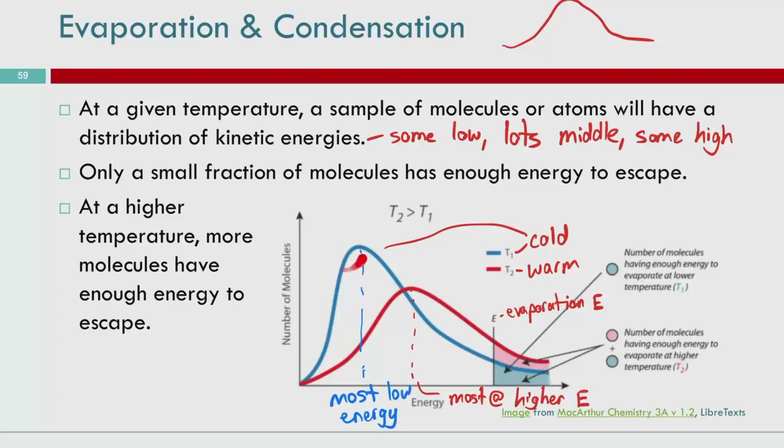If we look at our cold sample with the blue, in our cold temperature, we've got just this small little tail area up in the front. When we heat it up, our distribution has changed. It's shifted to the right. And now we've got all of this red zone. We've got all of those last 20 yards that have enough energy that they can also escape.